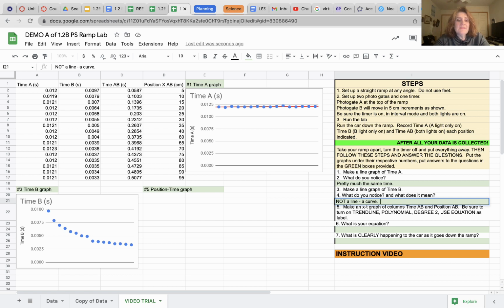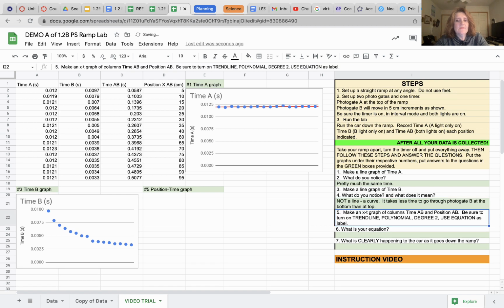So it means that it takes less time to go through Photogate B at the bottom of the ramp than at the top, because it's accelerating. It's getting faster.